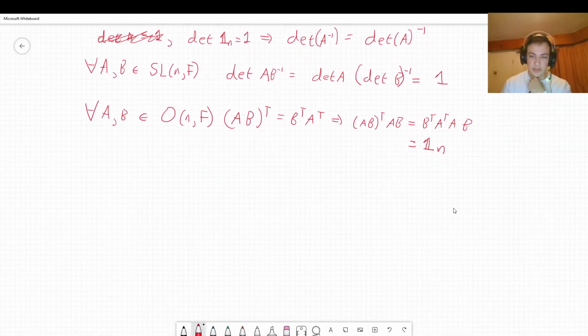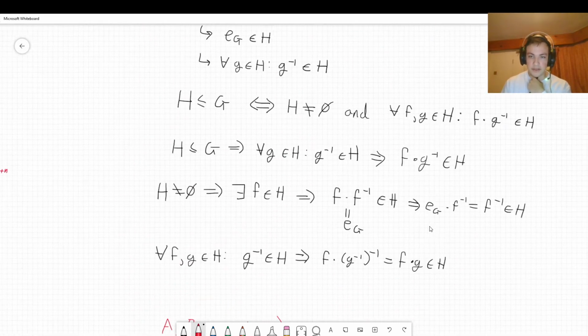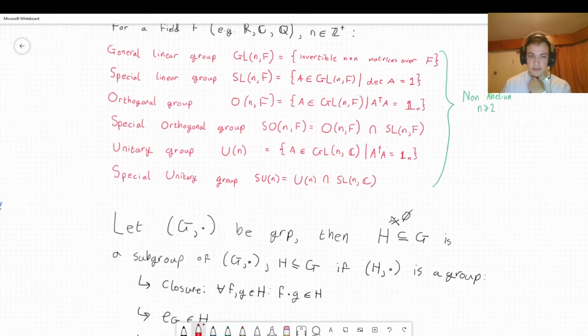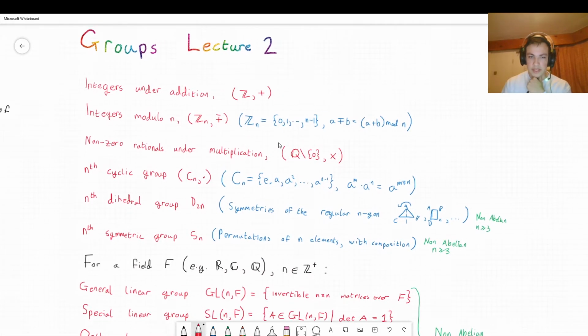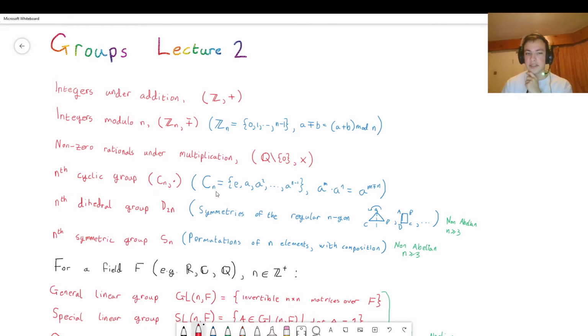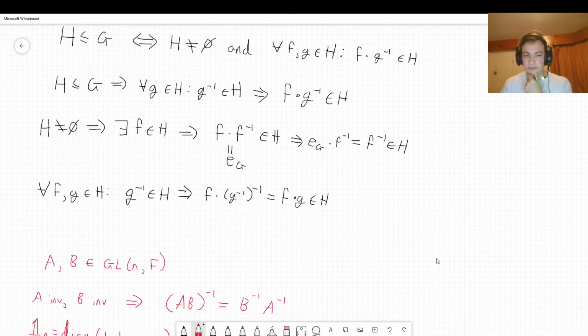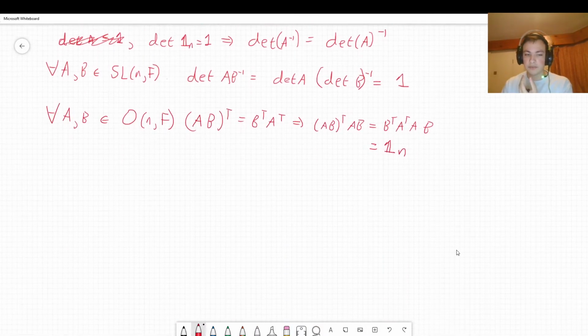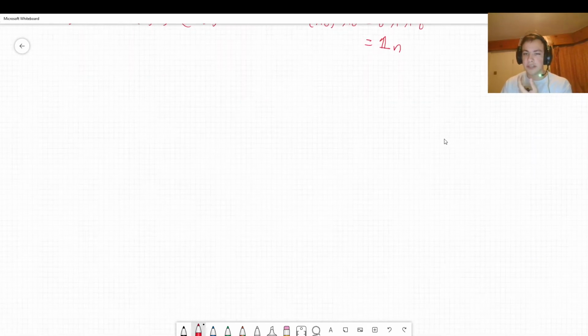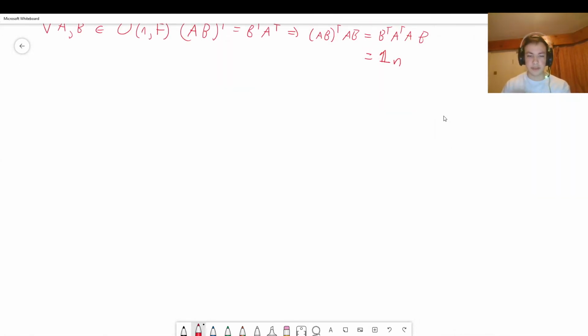Okay, then if we go back, we can see that the integers modulo n and the cyclic group look the same. We're basically doing the same thing to each, and we get that a lot in maths, where we find different groups and then we find that actually they're the same thing. So what we need is the idea of a homomorphism that allows us to move between groups and check how similar they are.